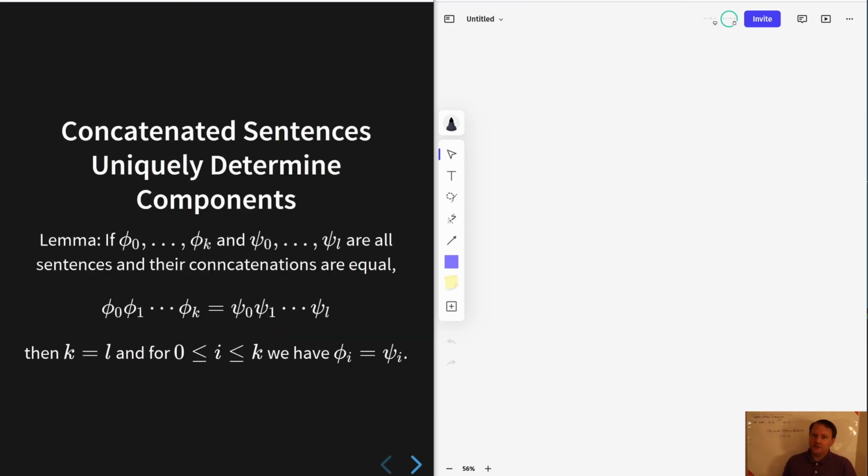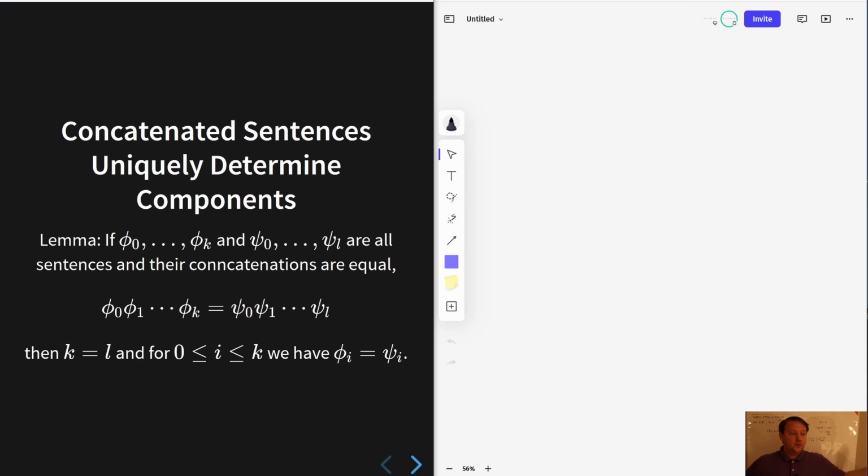We'd like to move on to the uniqueness claim, but it is a little bit more elegant if we first prove this lemma. This lemma is going to imagine that we have sentences denoted phi 0 through phi k, so each one of those is a sentence. And we're also going to have some other sentences psi 0 through psi l.